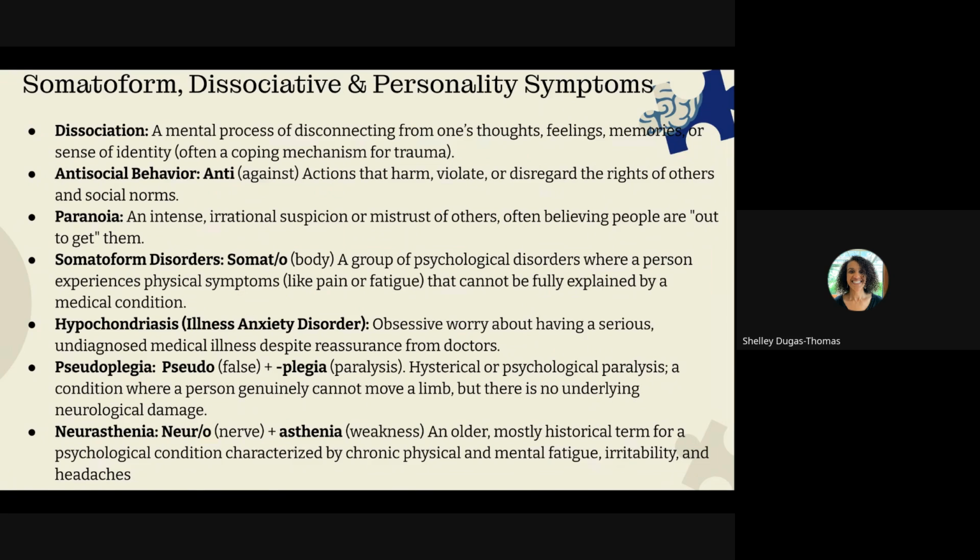Hypochondriosis is known as illness anxiety disorder, obsessive fear of having a disease. Pseudoplegia is a hysterical psychological paralysis where the limb won't move. And neurasthenia is nerve weakness, and it's a historical term for chronic mental exhaustion.